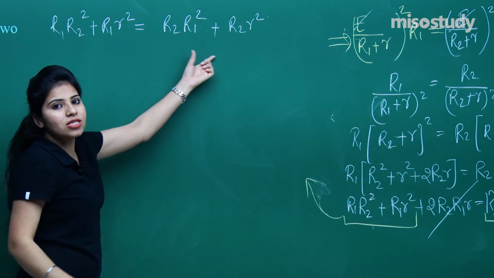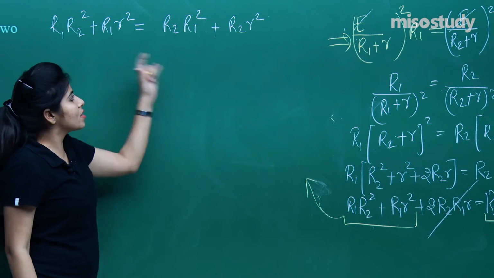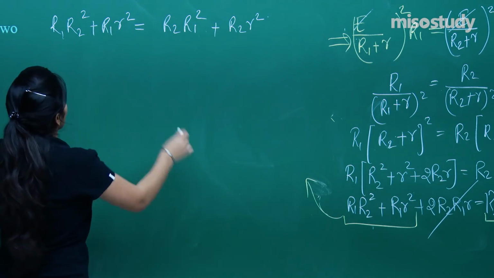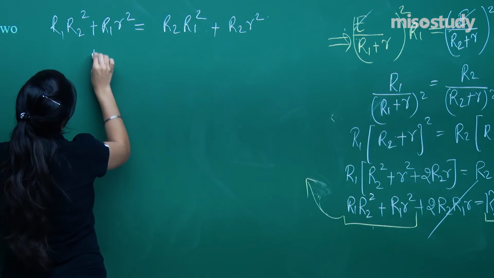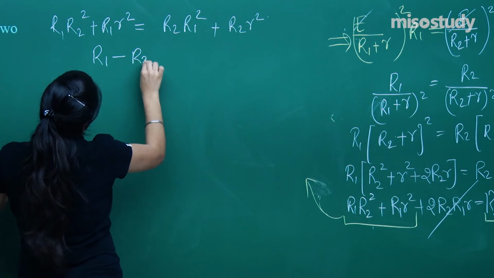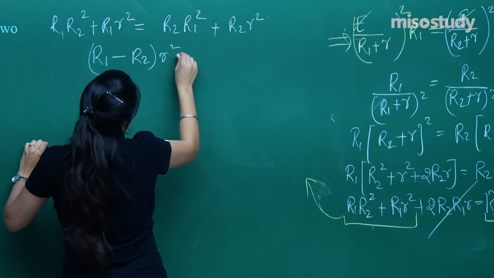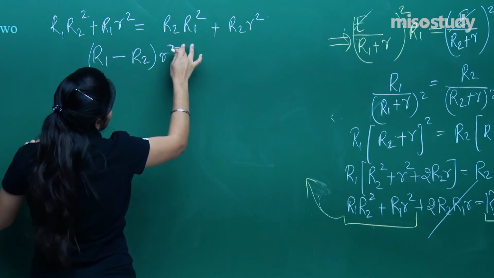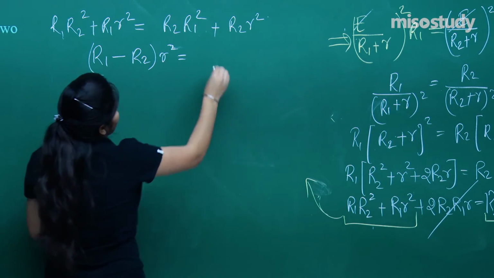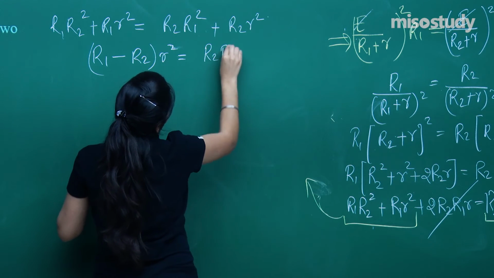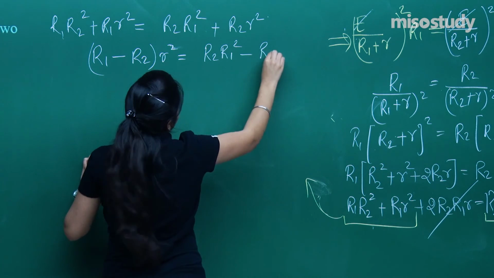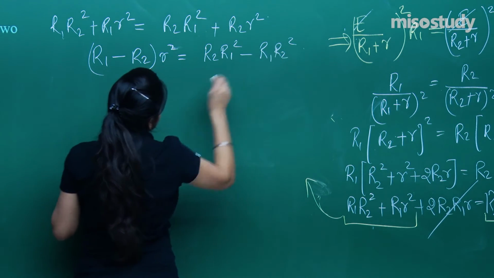Now can I bring the small r terms to one side and the other terms to that side? So I will have R1 minus R2 small r square, because I am bringing this term to the left hand side, and I am left with R2 R1 square minus R1 R2 square.